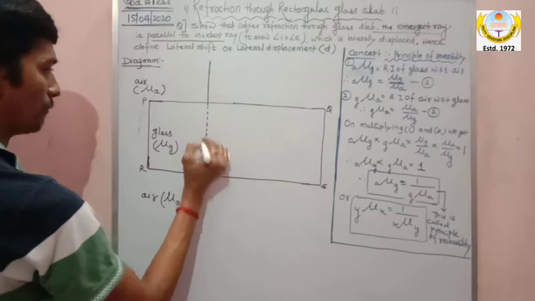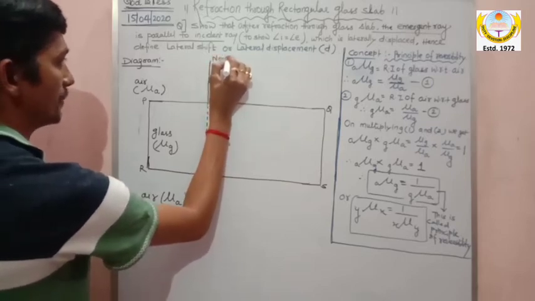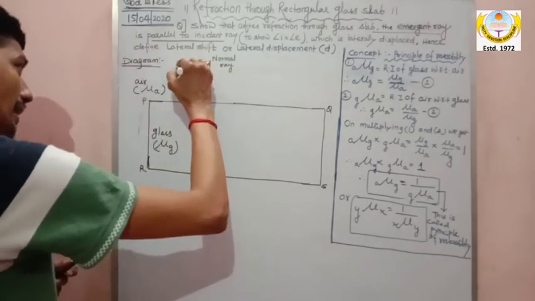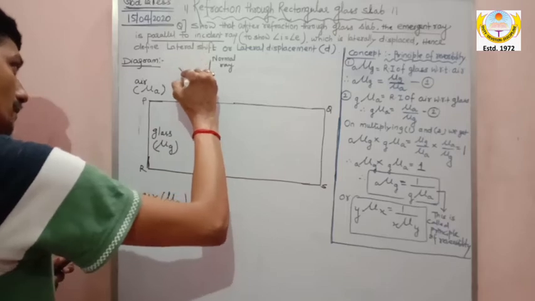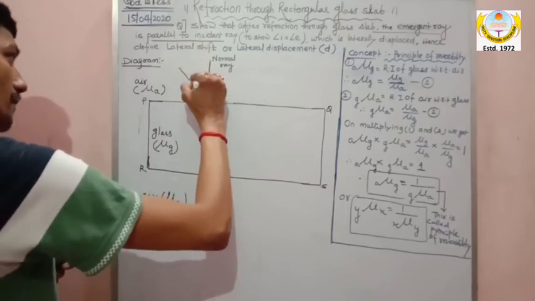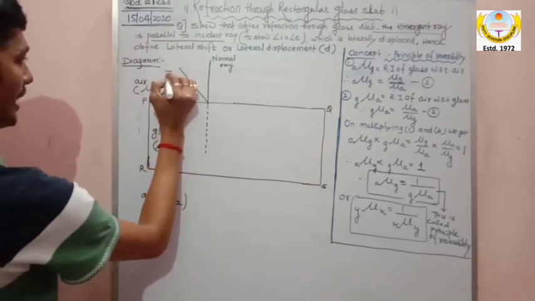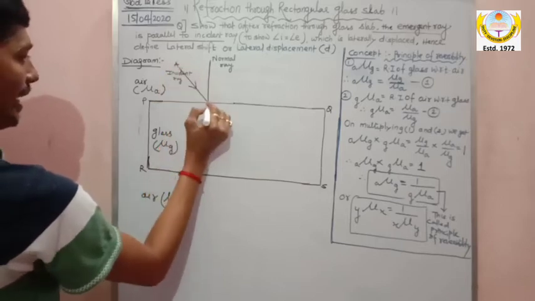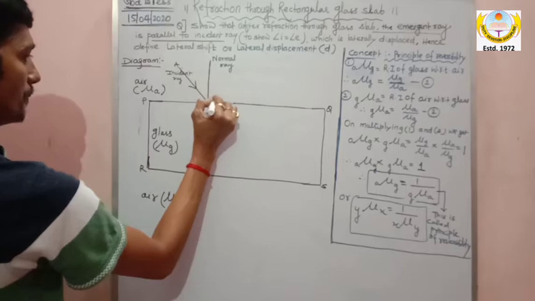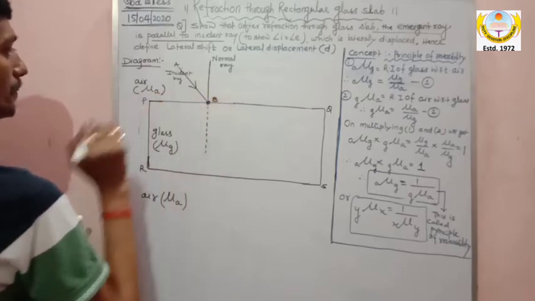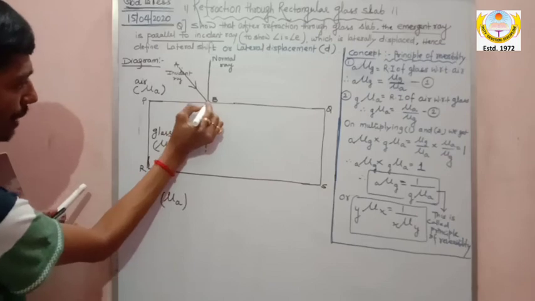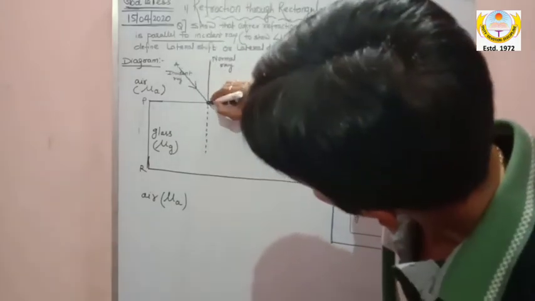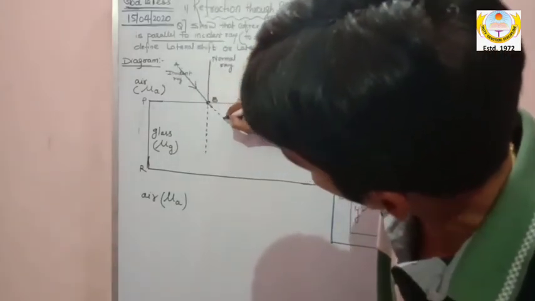So always draw the normal first, and here I am writing normal. And my dear, this is the incident ray coming here. Let the name of this ray be A, and it is incident at B. And now what I will do, I will produce this incident ray inside also, like this, straight.